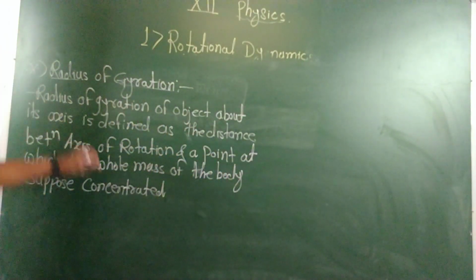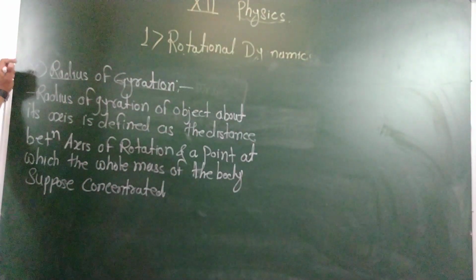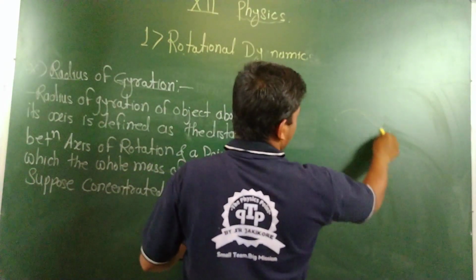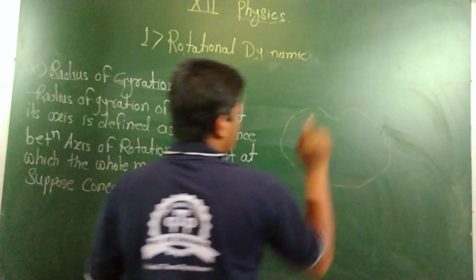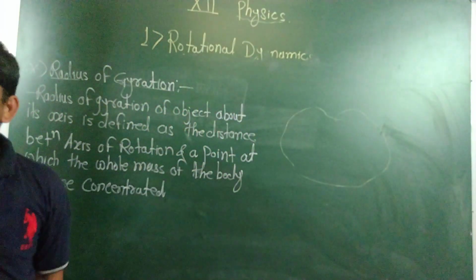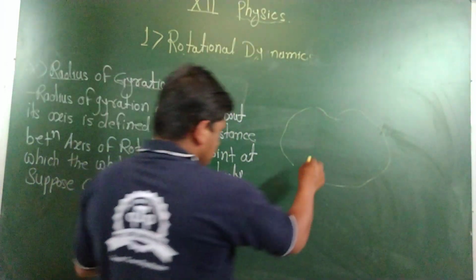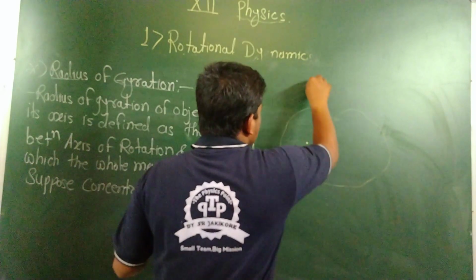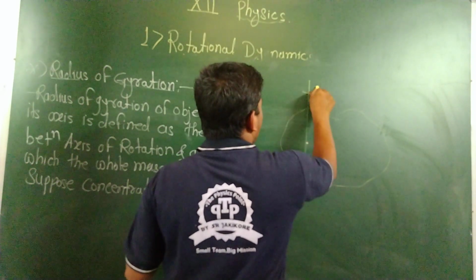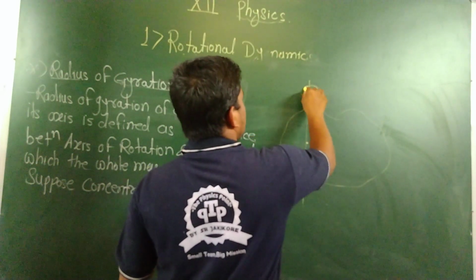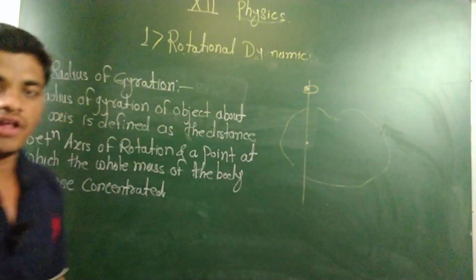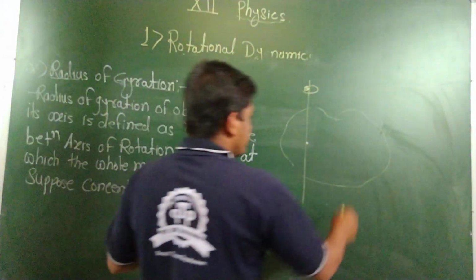If you don't understand the term radius of gyration, then I will draw a diagram here. Consider this is our rigid body, and this is our axis of rotation, not exactly at the center. Then this is the distance.